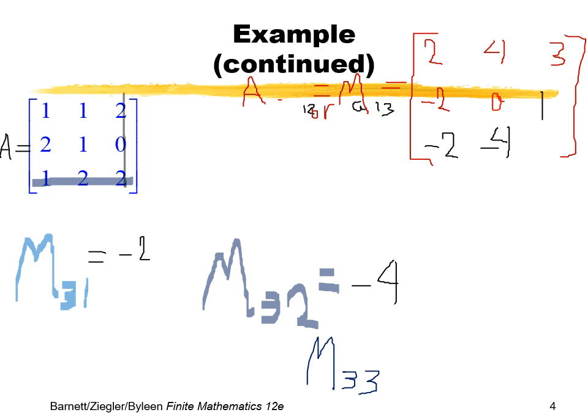The main diagonal is 1 minus the secondary diagonal, which is 2. 1 minus 2 equals negative 1. So we have here the matrix of minors, which, as we said, can be denoted as M or A minor.